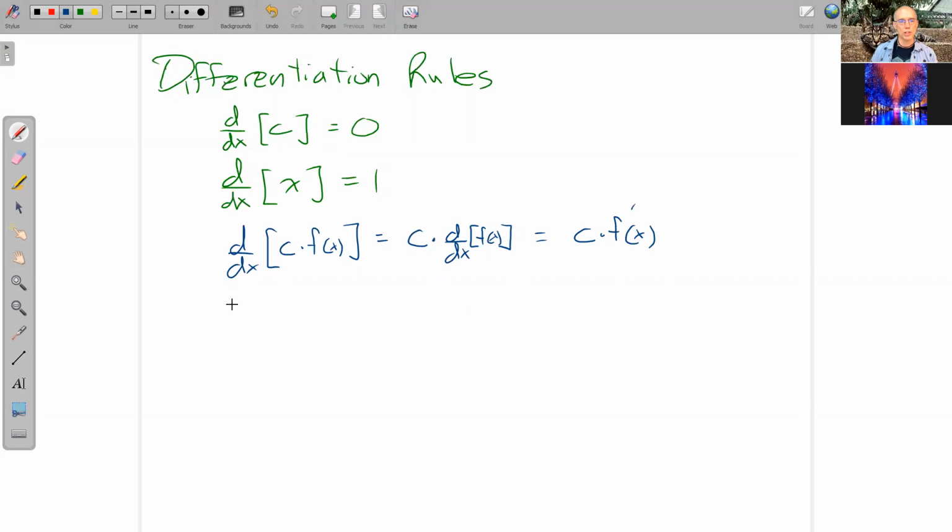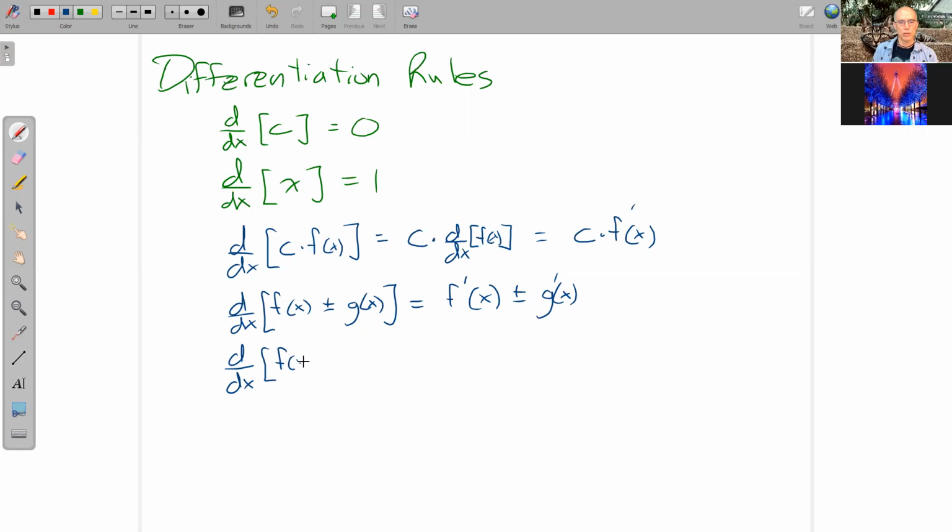We have our sum and difference rules: if we have one function plus or minus another function, then we get the derivatives plus or minus. And we have our product and quotient rules.